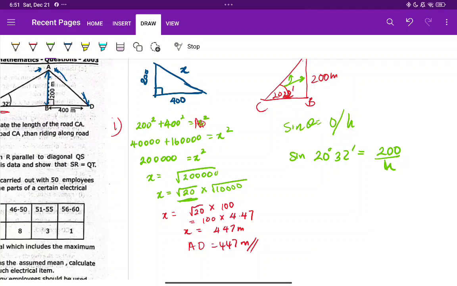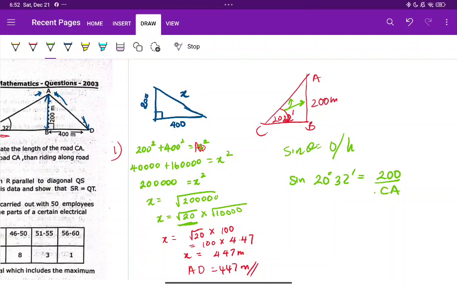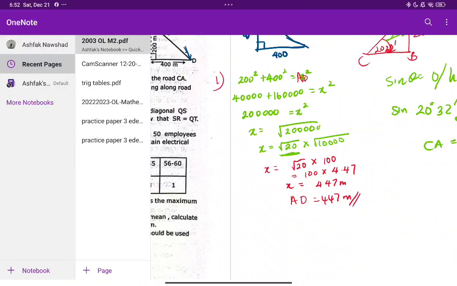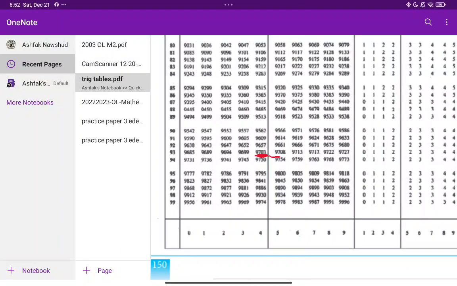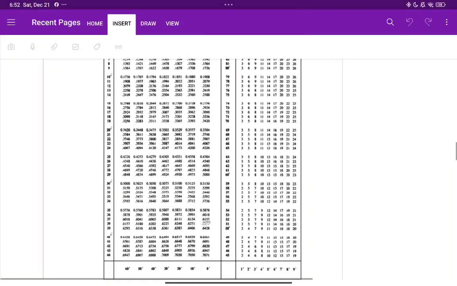So we need the hypotenuse. The hypotenuse is CA. So CA would be 200 divided by sine 20 degrees 32 minutes. Okay, let's check sine 20 degrees 32 minutes in the table of sines.